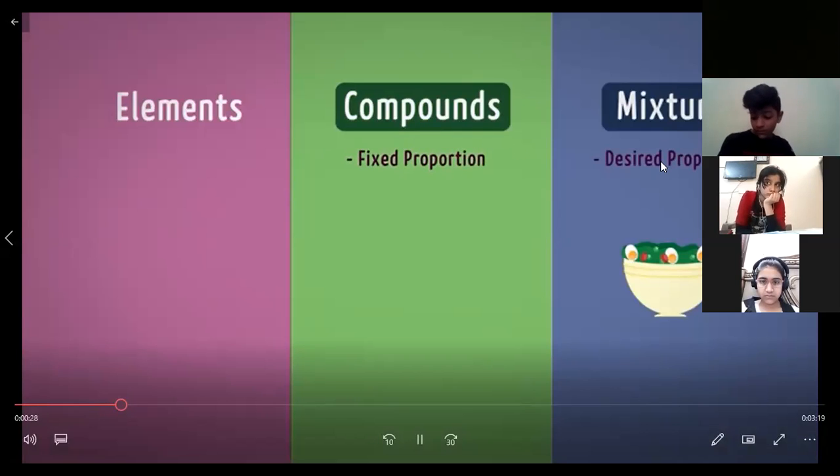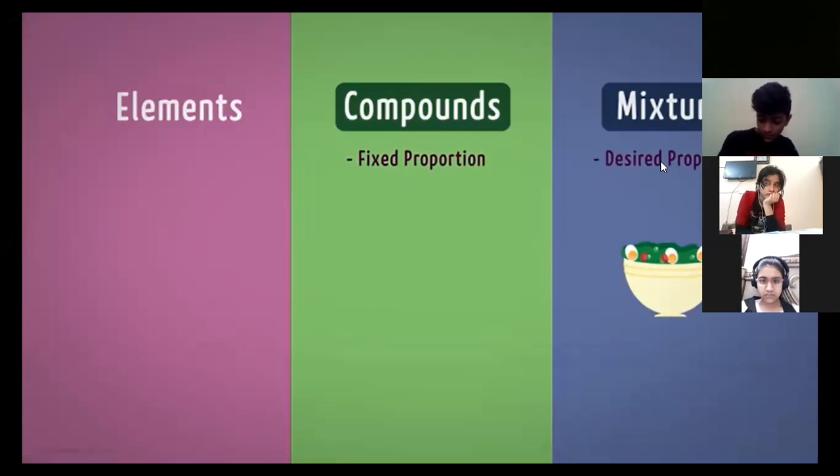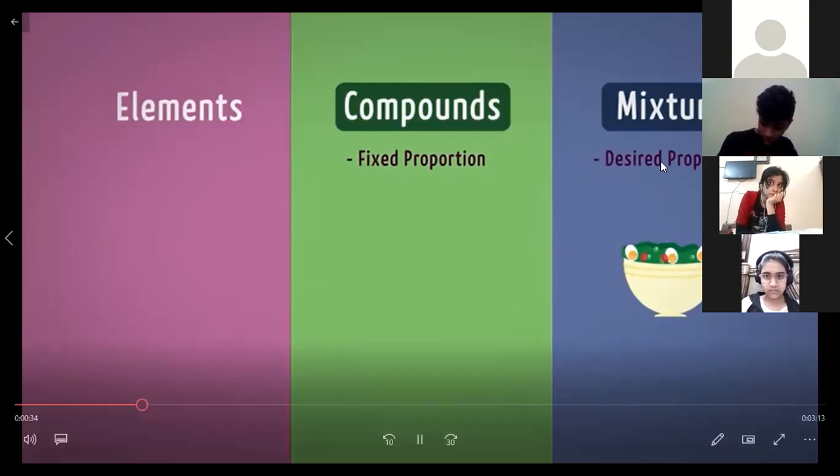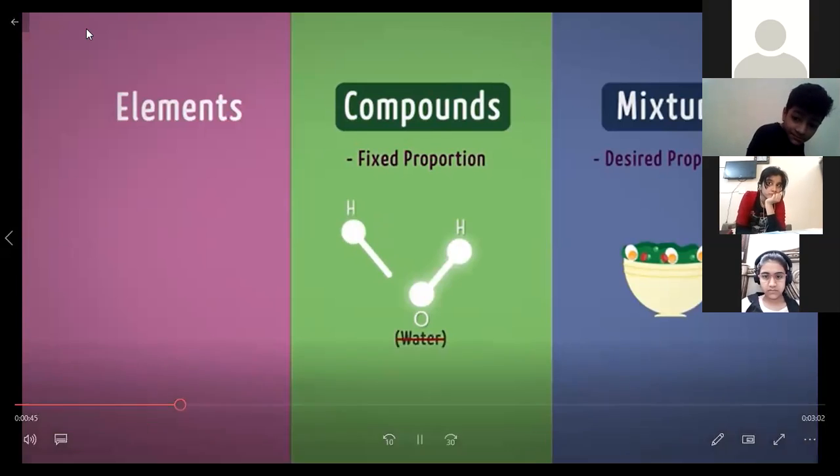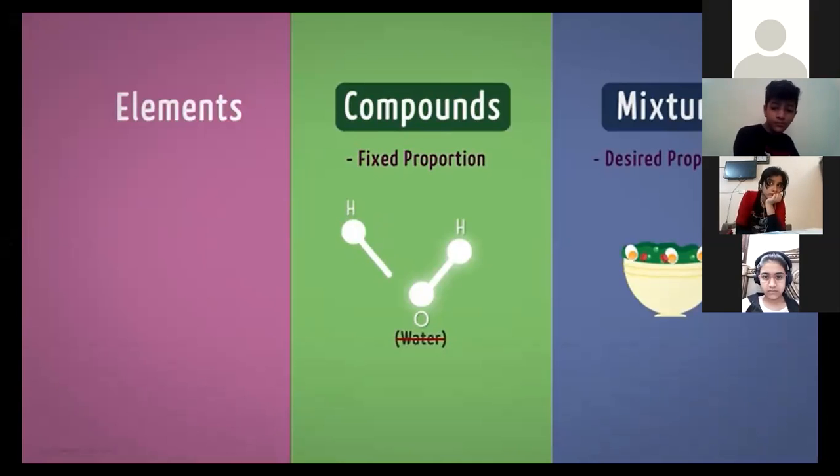So if you change the proportion of substances, it will affect the compound and render it changed. For instance, if you remove even one hydrogen from H2O, that is water, the composition changes and water as a compound does not exist. Thus, fixed proportion is a must in compounds.